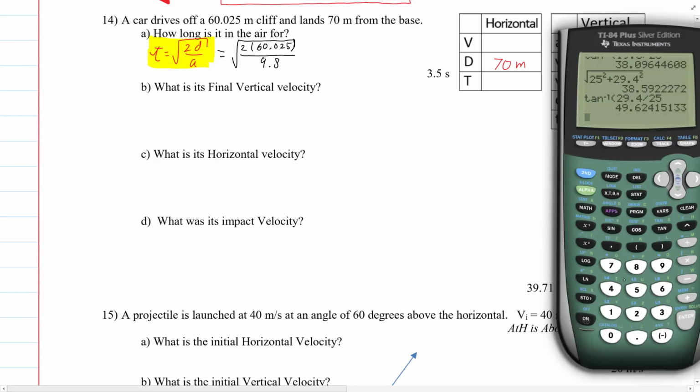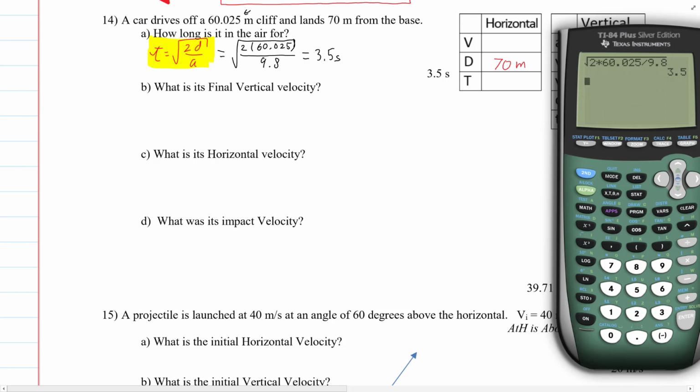Square root 2 times 60.025 divided by 9.8. 3.5 exactly. I guess that's why Mr. Curl put in 5 sig figs there, just so you can get an exact number here.